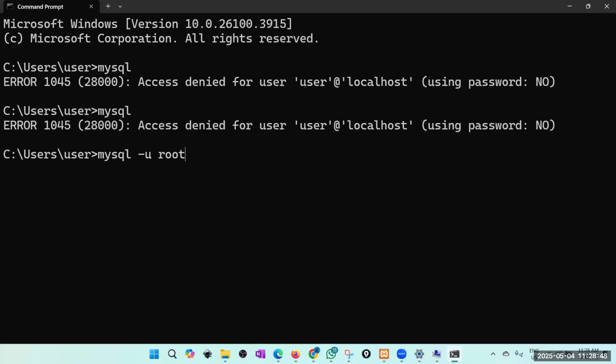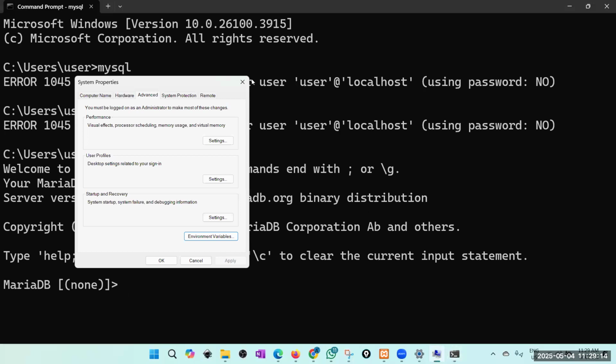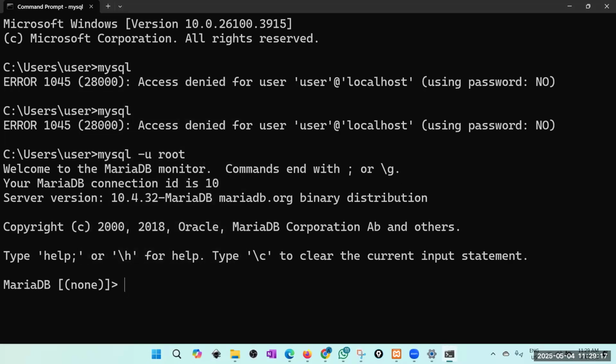But by default, when you freshly install MySQL, the username root, the admin user, doesn't have a password. So you can just press enter. Now you can see you are in MySQL. This is not the DOS prompt. This is the MySQL or the MariaDB prompt. Then you can connect to your database or create databases and do anything you want in the command line.